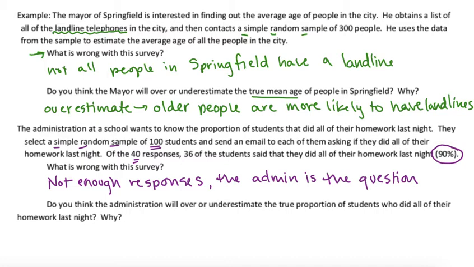And so if they followed through with this sample survey, do you think the administration will over or underestimate the true proportion of students who did all their homework last night? So again, I'm going to say this is an overestimate, because only people who did their homework are likely to respond.